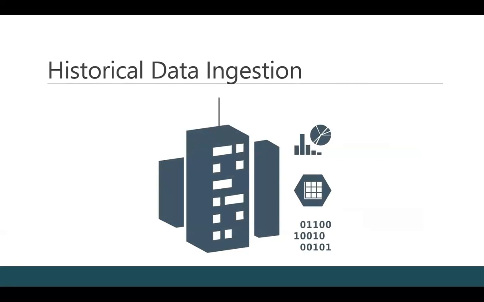So, historical data ingestion: incoming data from the previous level is stored in either a relational or a NoSQL database. And as previously mentioned, I'll be focusing on SQL or relational based databases.